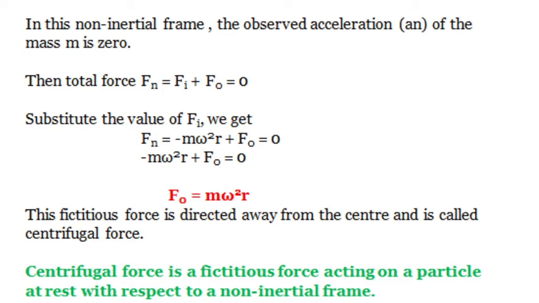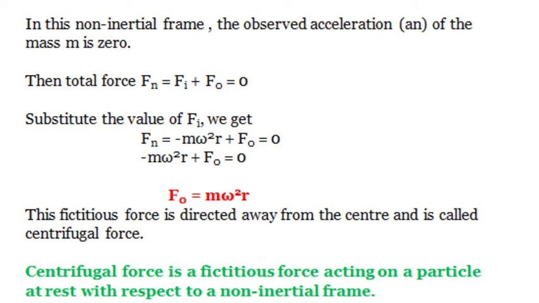So if a is 0, then force will be equal to 0. So I wrote this 0 on the right side. So substituting the value of Fi, we get Fn is equal to minus m omega square r plus Fo, the fictitious force, which is equal to 0. Then minus m omega square r plus Fo equal to 0. Then I am taking this minus m omega square r to the right side.